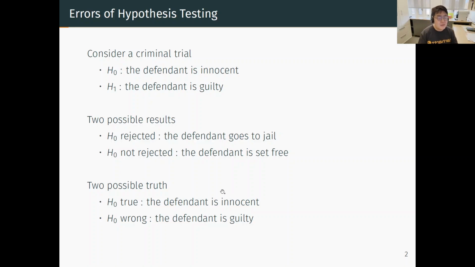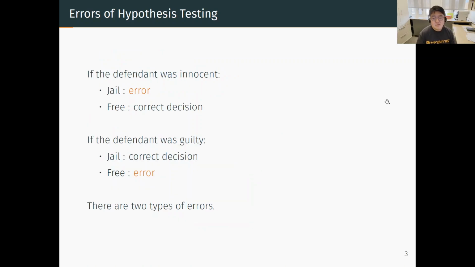So a judge can make a wrong decision. That is possible, right? And then it is easy to define an error. If the defendant was actually innocent, then if the decision was to send him to jail, that is an error. But if the defendant was set free, that is correct.